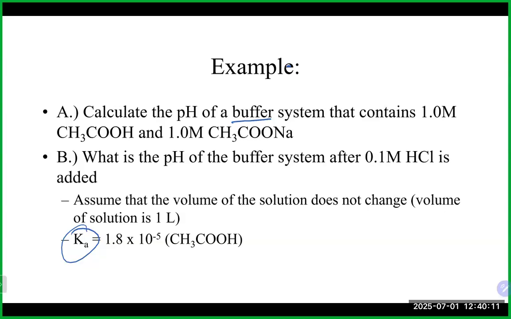Now, one of the important things to think about is molarity. When we add volumes together, does the molarity stay the same or does it change? Molarity does change as you add volume.